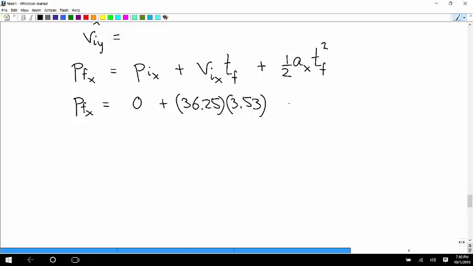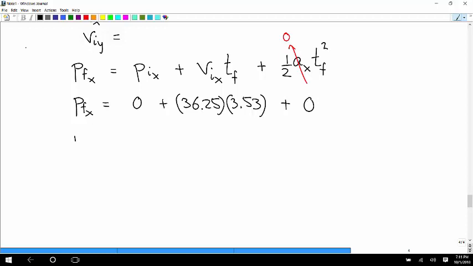0. And that's an easy mistake to make, is to put in the acceleration of gravity for AX. So be sure you keep those two components separate. 0. And so this term goes away.